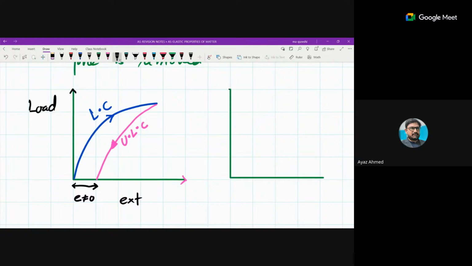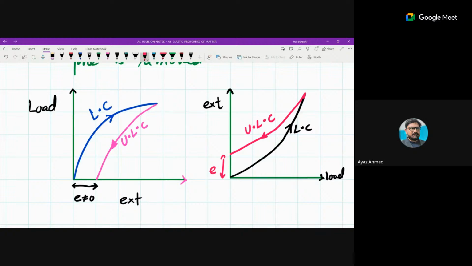If I have extension on one axis and load on the other, the loading curve will be something like this, and your unloading curve will be something like this. Again, they are not overlapping, but the problem is that the extension is not coming back to 0, 0. So here extension is again not equal to 0. Is it clear to you?